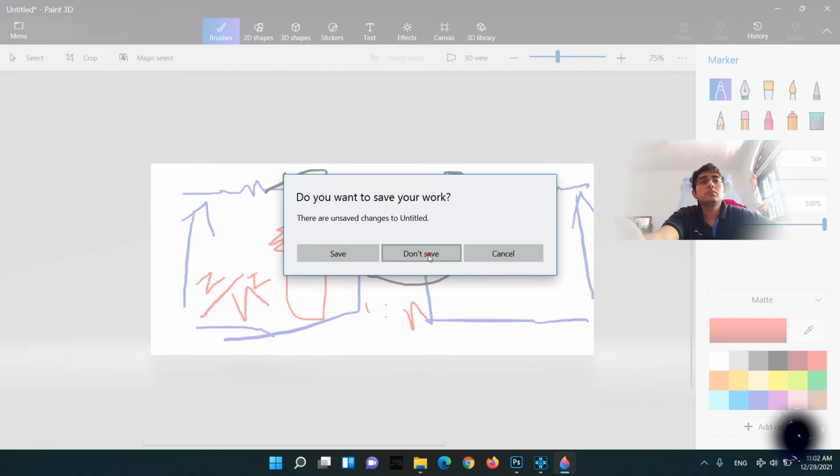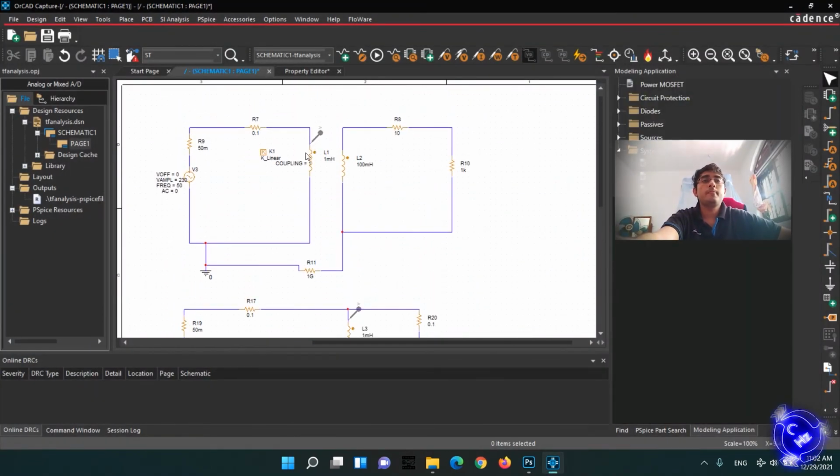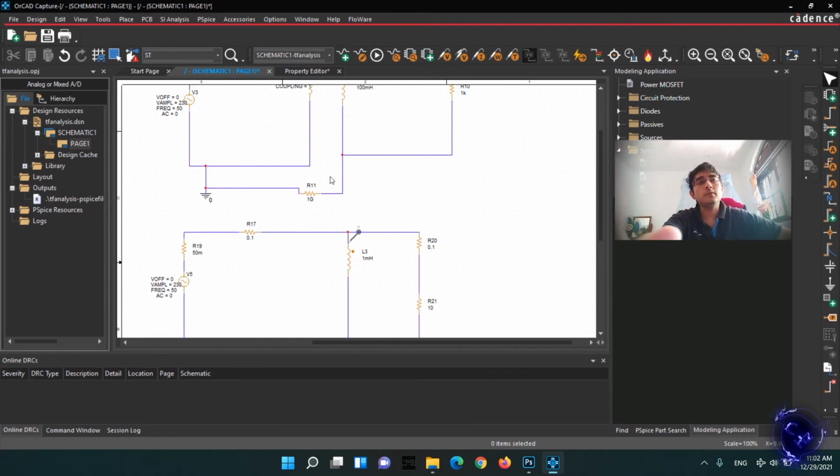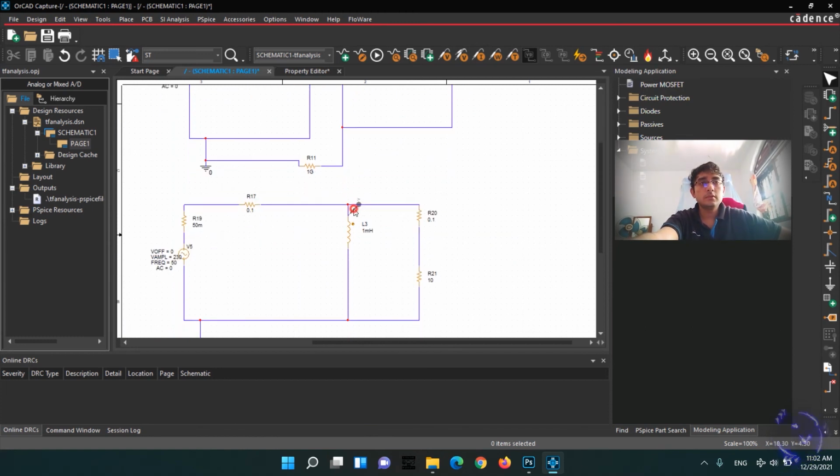Right. Yes, those two are perfectly matching. That means this is my referred to primary circuit.